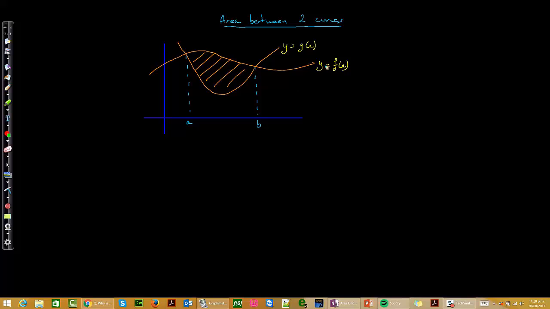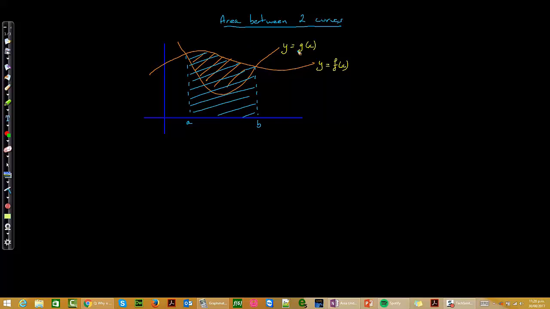Now if you get the area underneath function f between a and b, it'll be equal to this area I'm shading in blue. Now as you can see, that area shaded in blue includes the area in orange that we're after.